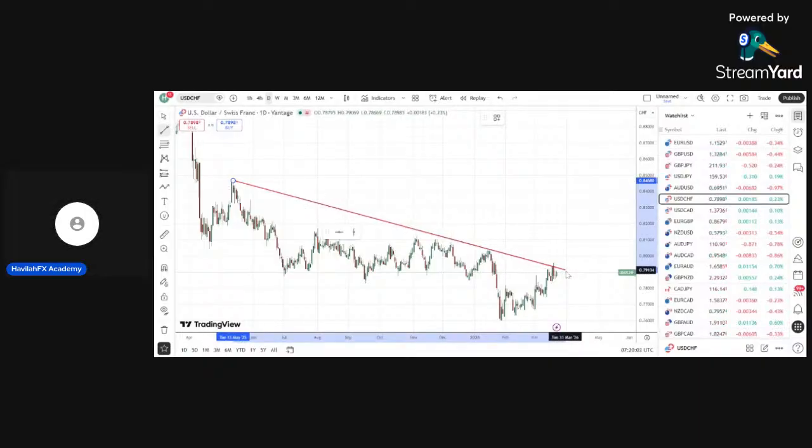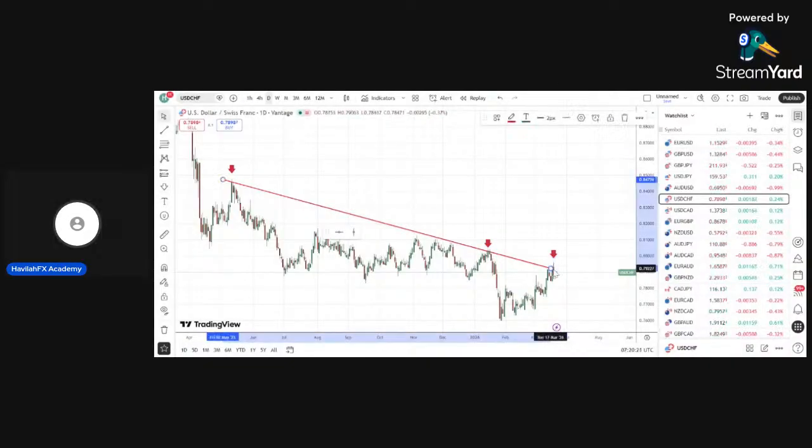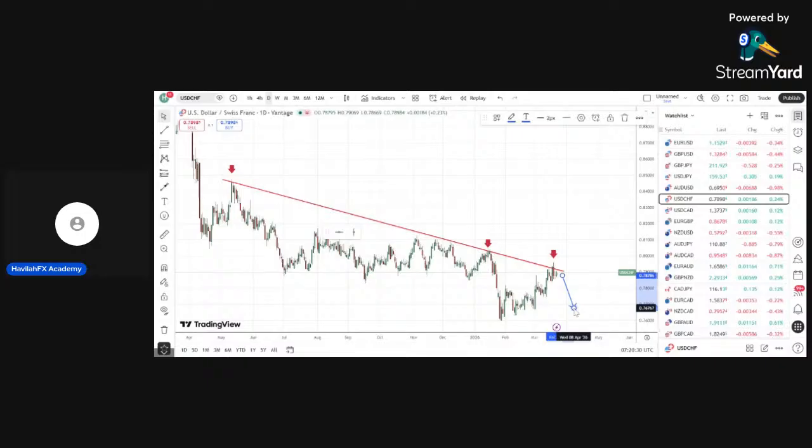From the daily time frame, I can clearly draw my trend line to make a series of lower highs, a lower high, a lower high, and a lower high. So technically, I'm looking for a bearish movement on this instrument this week, and that aligns with the direction we saw on the dollar index, the USDX.